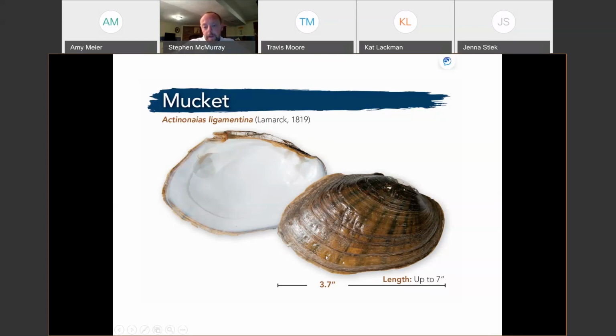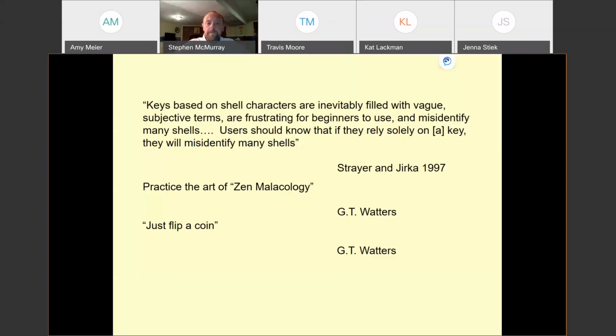Sometimes it has this nice light brown periostracum color. Sometimes it has a white nacre, but in reality, it's because when you picked up this shell, it felt like a mucket and it looked like a mucket, and so it's a mucket. This species is also kind of a grab bag because we often get it confused with several other things, and then finally we're like, oh, it's just a mucket.